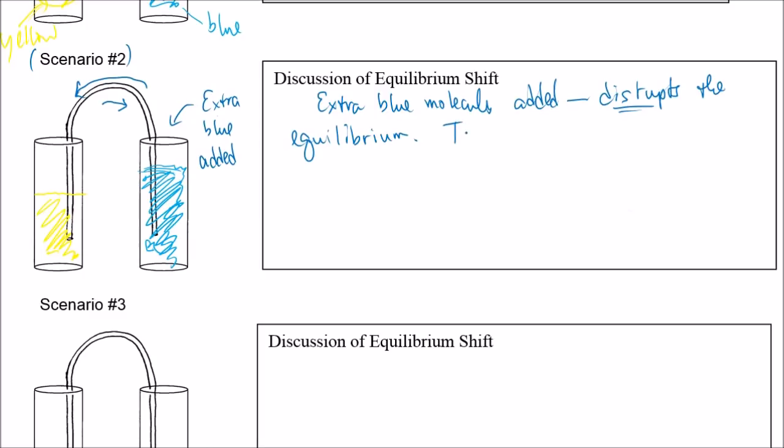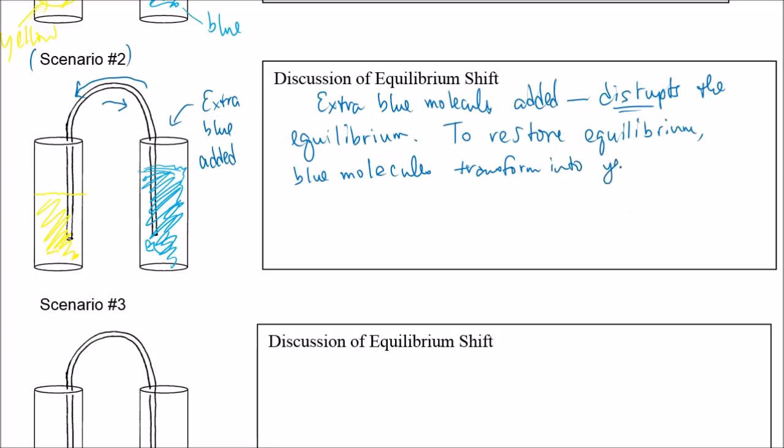To restore the equilibrium, molecules shift. So in this case, blue molecules transform into yellow. So this decreases the extra blue.